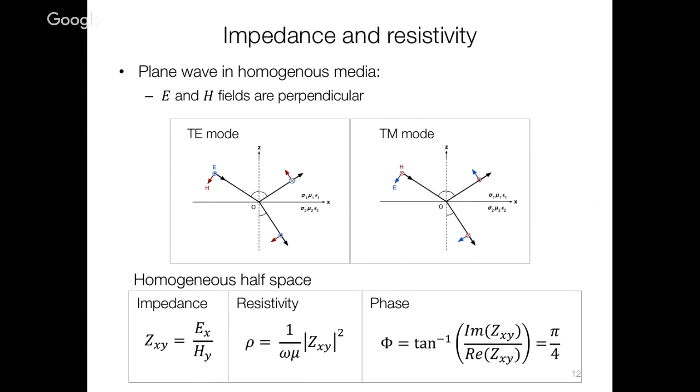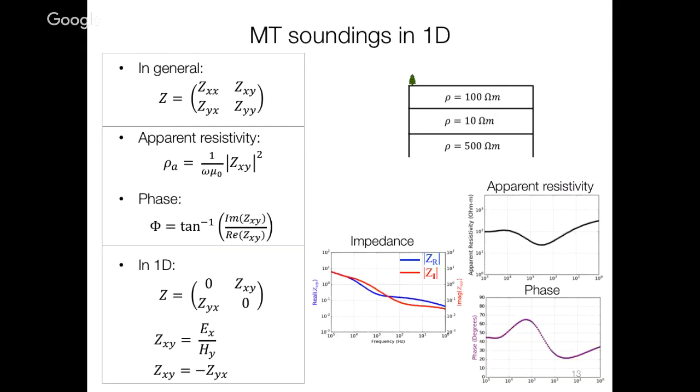The phase also can be evaluated, and for a homogeneous half space, it's pi by 4. So MT soundings in 1D behave just like you'd hope.